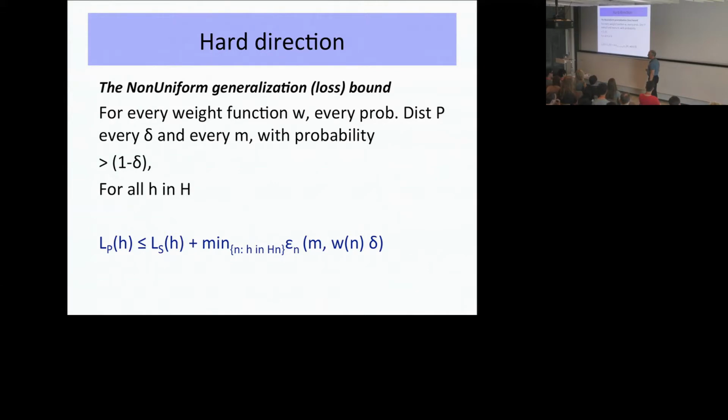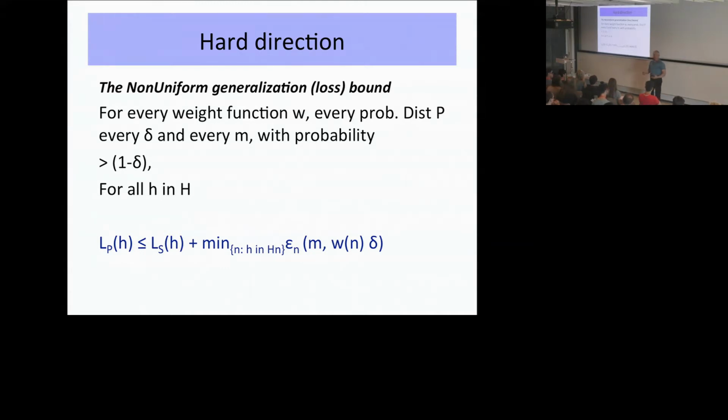If H sits in Hn, then the extra component is this epsilon n. So for every H, I can bound how far the true error of H is from the empirical error of H. And the gap depends on the level in which H sits and the weight that I gave to this level.